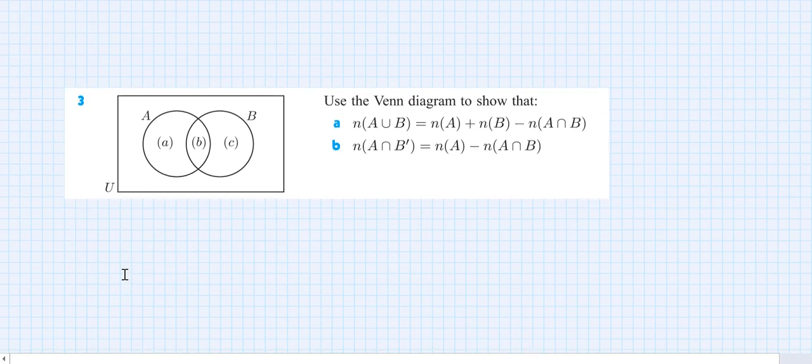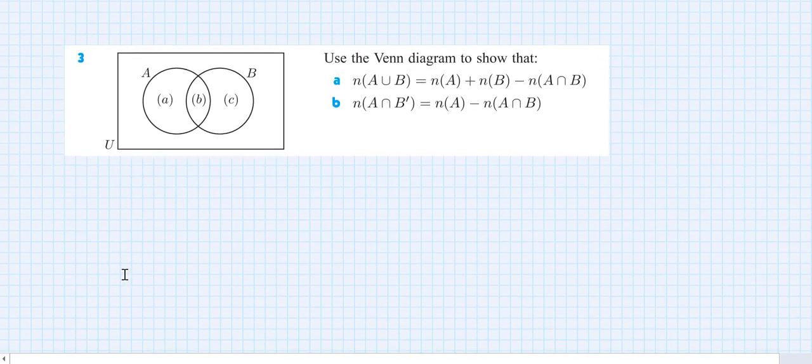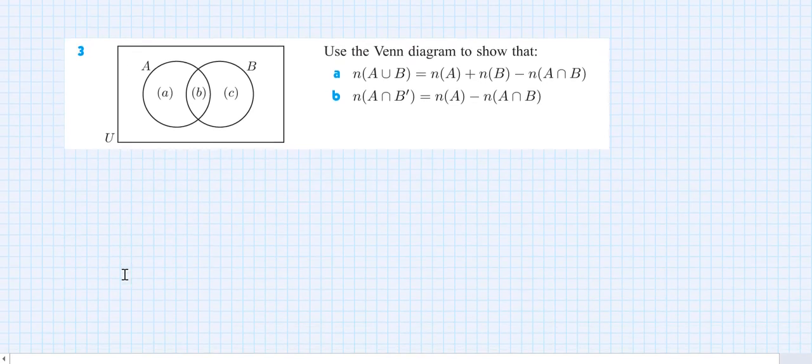The next problem here is about the same showing. Instead of numbers, we have letters here. Again, the idea is the same. A union B. Let's try to check these numbers. A union B, as we have said in the previous problem, what do we need to do?